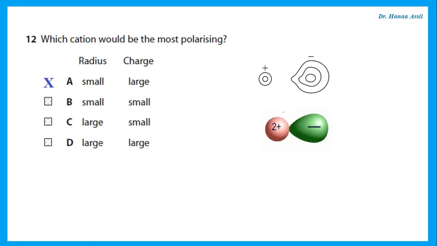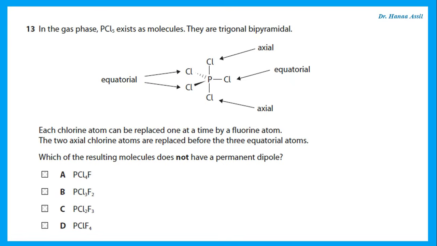So for the cation to be polarizing, it should be small with a larger charge. So something in group 2 would be more polarizing than something in group 1, and a small positive charge would be more polarizing than a larger one.